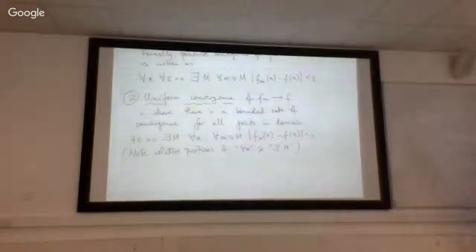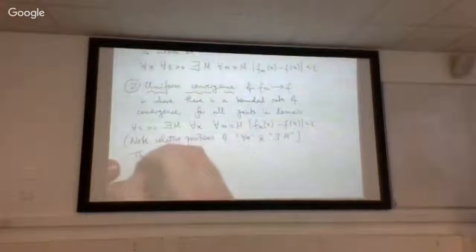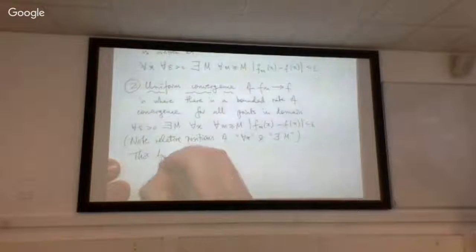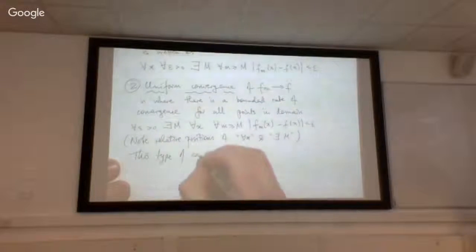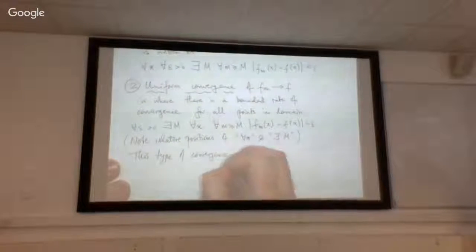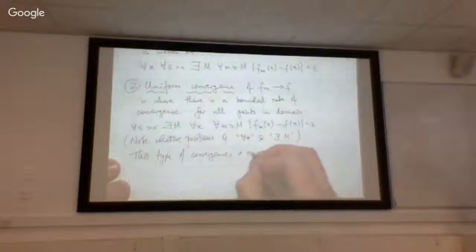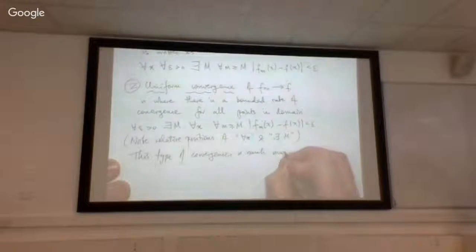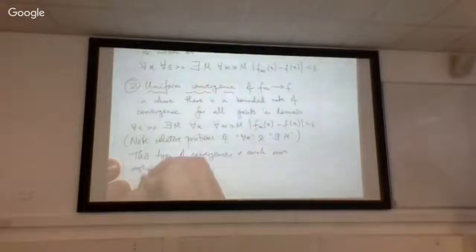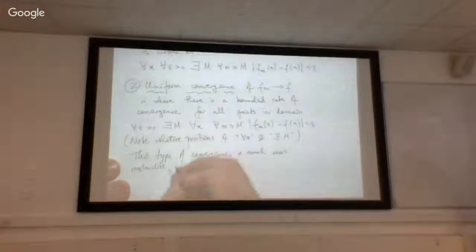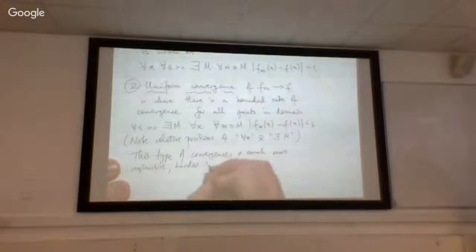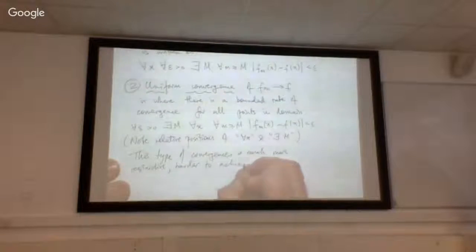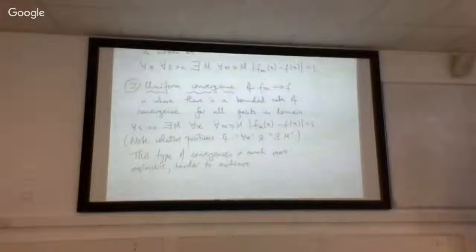That's where the difference lies. So this type of convergence is much more restrictive, or another way of saying that, it's harder to achieve. It's less common. Okay?